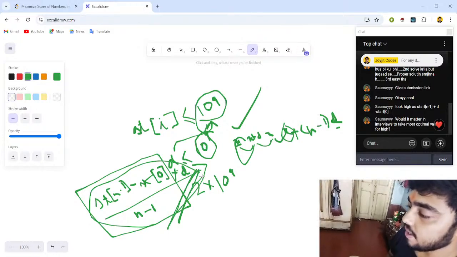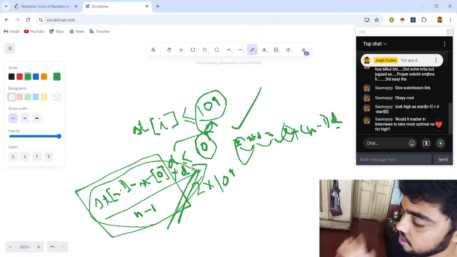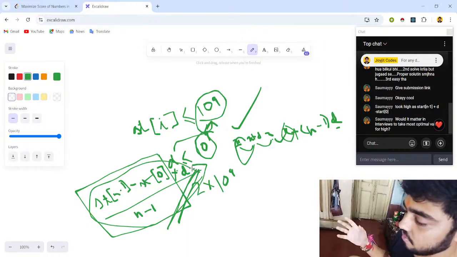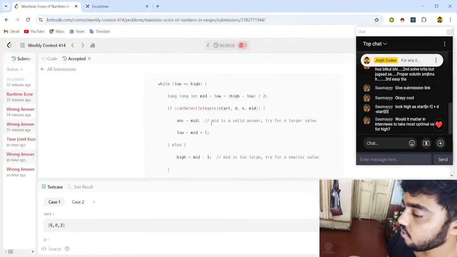That is, if your code is in big O n squared, can you make it big O n log n or not? Something like that. For this code, we could have gone for big O n squared. Instead of going for the binary search, we could have gone from 0 to high, and for every specific element, we could have checked whether this is possible or not, and then given the answer. That is also a possible thing. So if you do that, the interviewer will ask you whether you can optimize it or not. If you go for this approach, this will be fine.